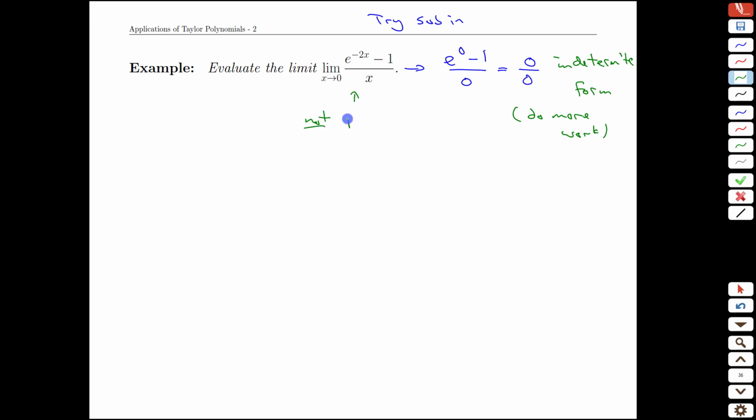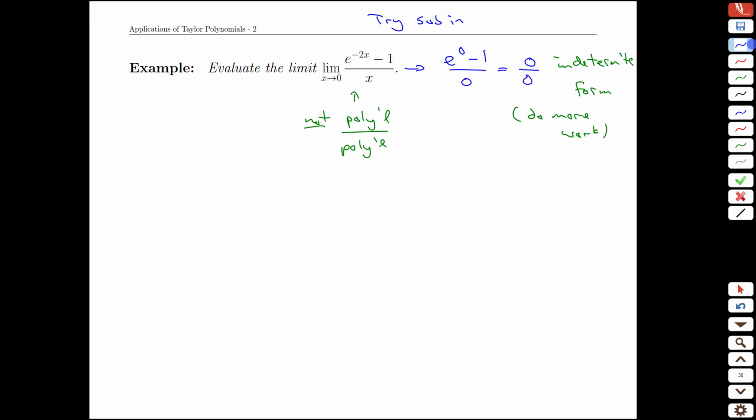This is not a polynomial over a polynomial function. So we can't do some of the tricks that we used before, like dividing by the highest power. This is not going to work because we have a polynomial on the bottom, but we have an exponential where the x is in the exponent in the numerator. So literally none of the tools we've seen up until now can assist us with this problem.